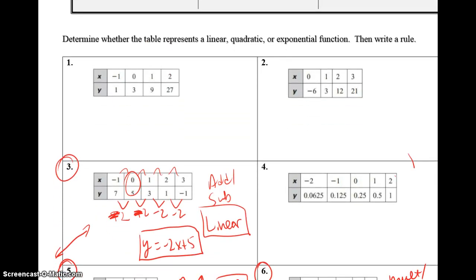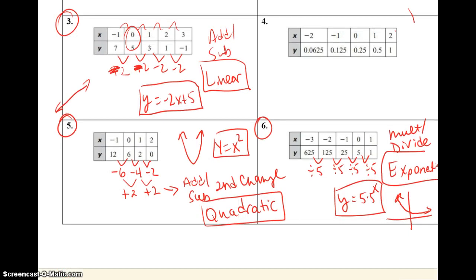One other thing that I wanted to tell you about quadratics, another easy way to tell if it's quadratic, sometimes the charts will have the symmetry. So for example, if I make a quick XY chart, and let's say I have negative 2, negative 1, 0, 1, and 2.